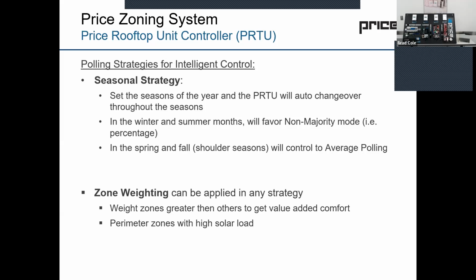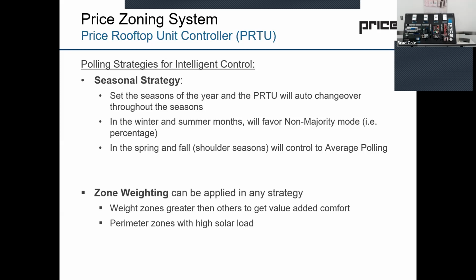Now, behind all of these strategies is this zone weighting. So any strategy could utilize this zone weighting function, meaning some zones can be weighted greater than others to influence or help control the building better.